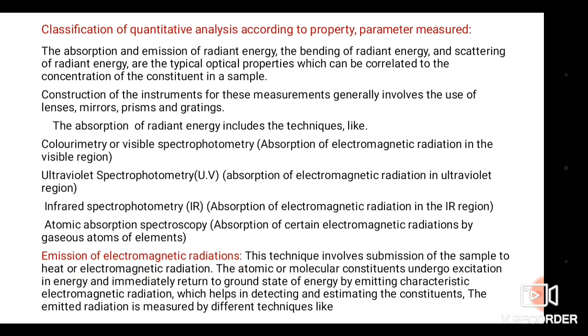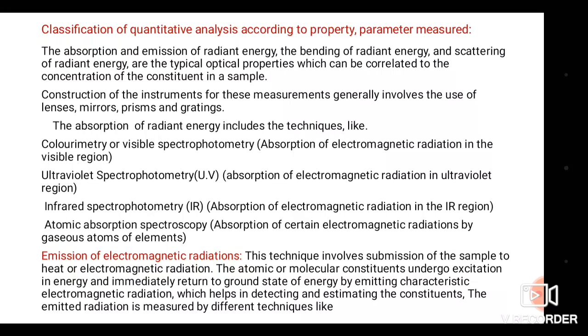In this way, we classify the quantitative methods, and the third method is the optical method, in which emission of electromagnetic radiation also happens. This technique involves submitting the sample to heat or electromagnetic radiation.